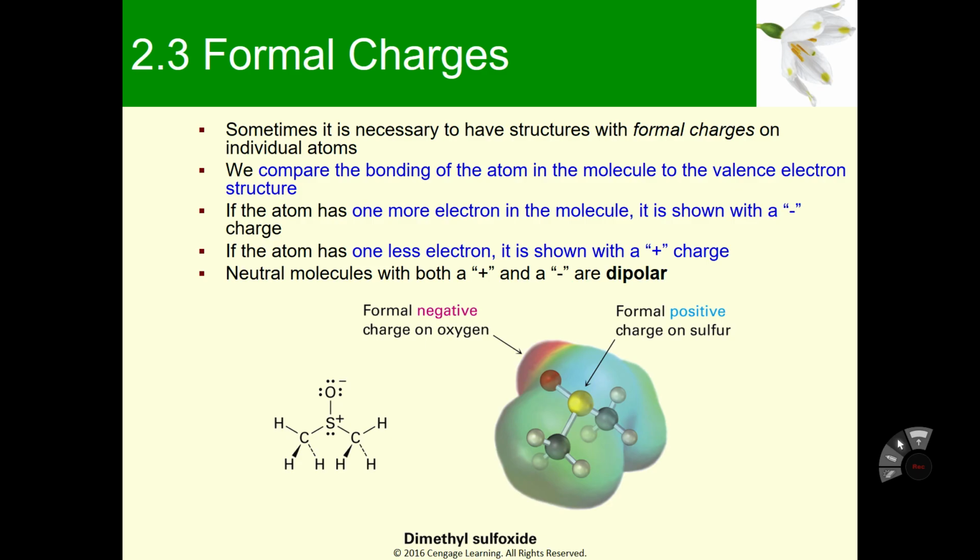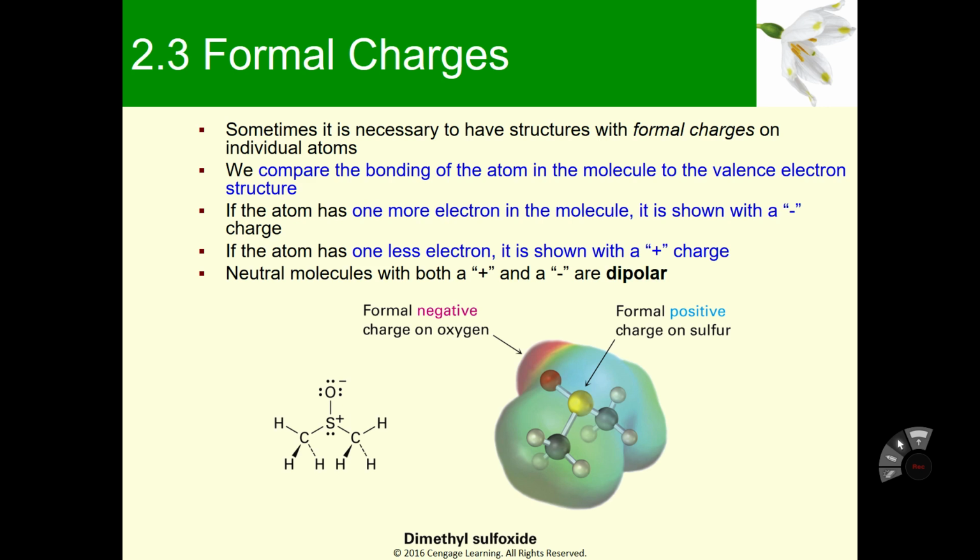Each atom has a certain number of electrons in the outermost shell. But sometimes when they make a bond, the number of electrons in the outermost shell is not the same as in the neutral atom.